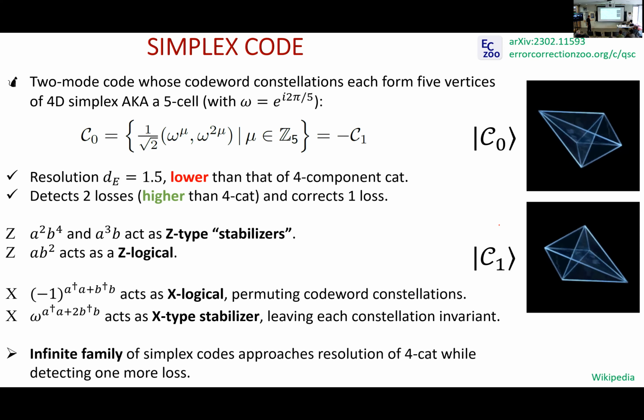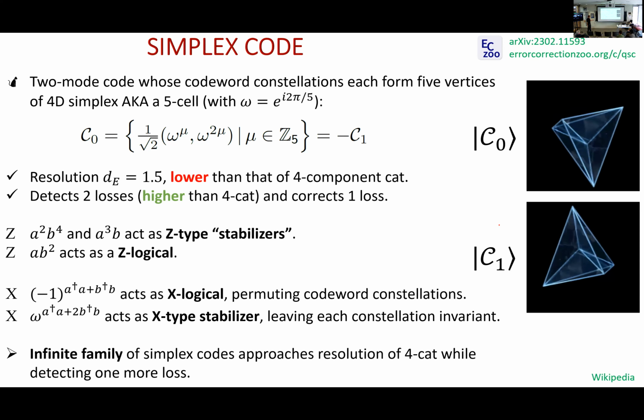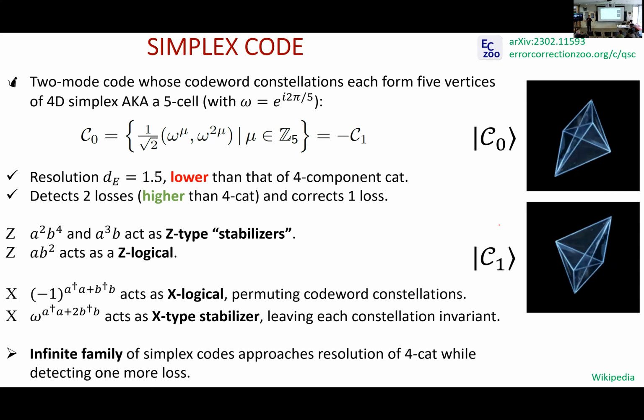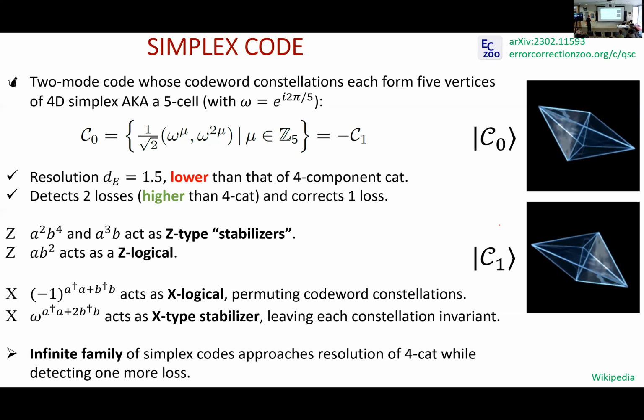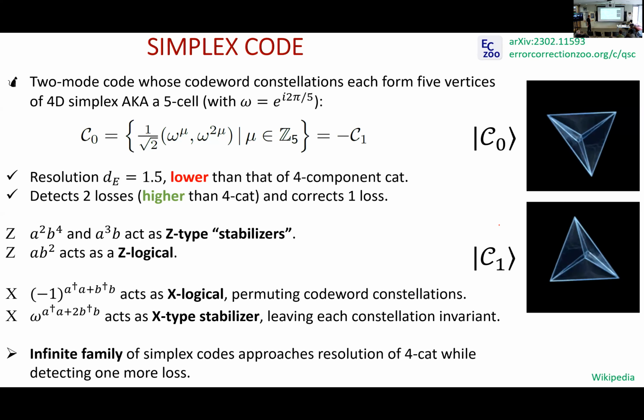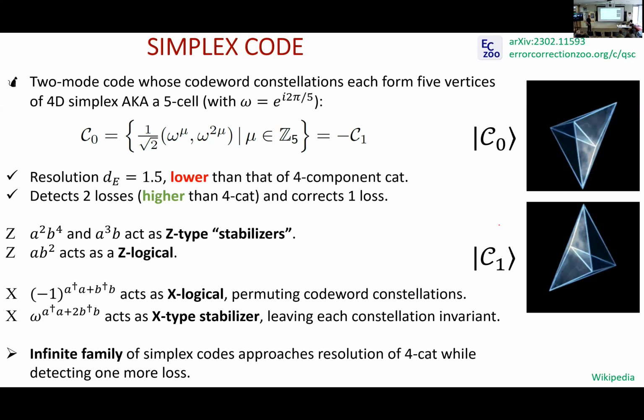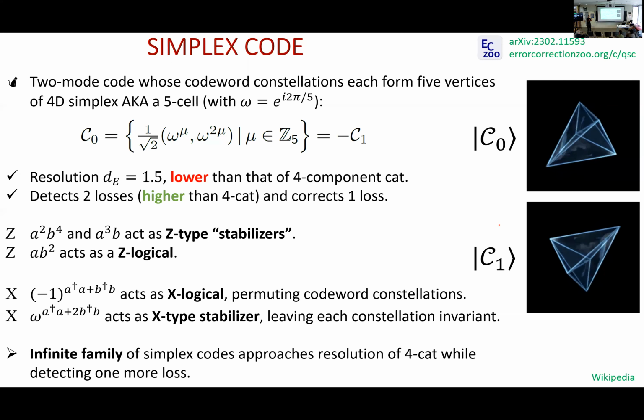Now, what I want to highlight here is that simplices exist in all dimensions, as we've already seen. So we can create an infinite family of simplex codes, and these do get a little better, because you're packing in a higher dimensional sphere.